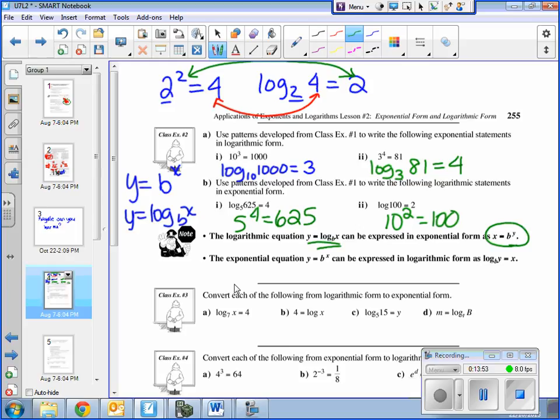So all you're doing here is switching your x and your y, or just leaving them the same. Okay, so these are actually equal to each other. So this is equal to this. This one's equal to this one. But we're not going to use those, okay?